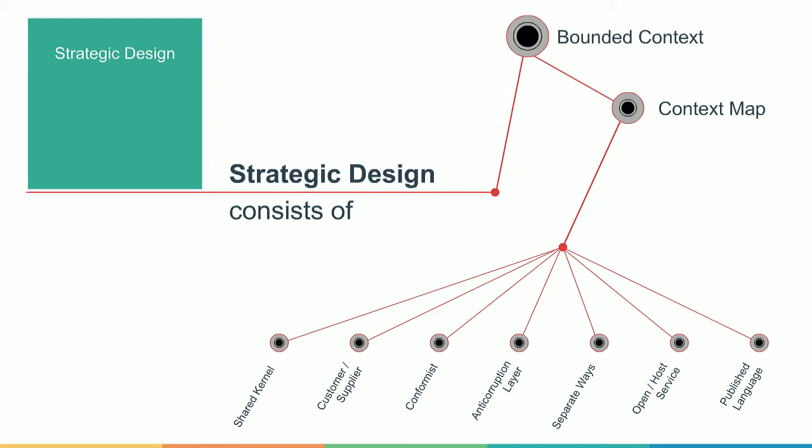And in my eyes, especially the bounded context is a really interesting thing when you want to do something like microservices, or when you ask yourself, well, I want to do microservices, but I'm not really sure how to structure them on a business level.